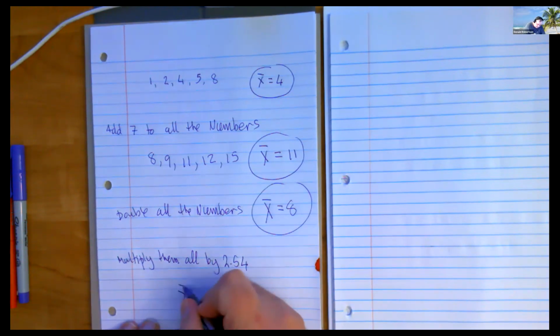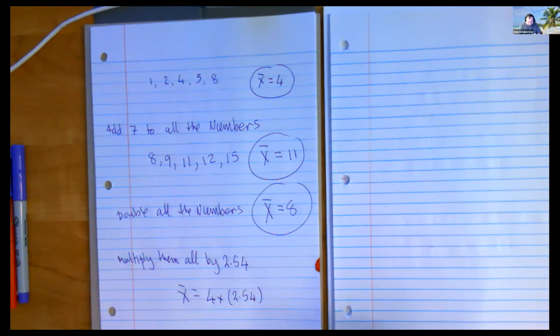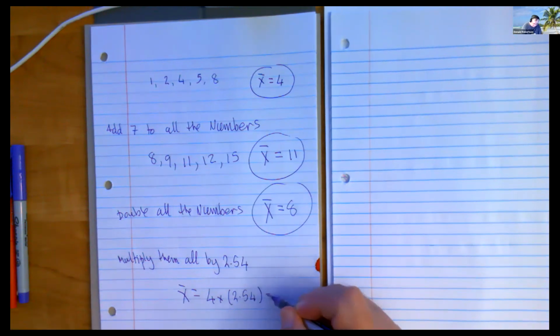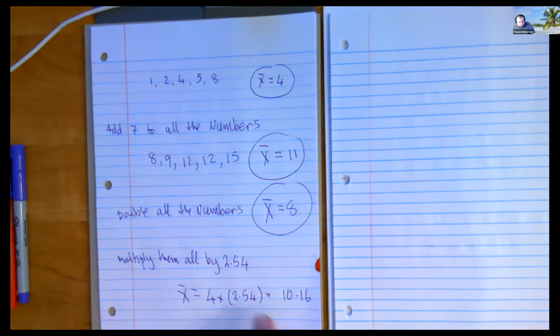Wouldn't the new mean just be 4 times 2.54? And that's something I'm going to do on the calculator. And the answer is 10.16. Oh, does anyone know why I chose 2.54? Centimeters. Yeah, I'm converting it.